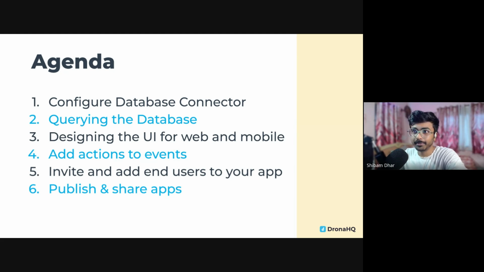And querying the DB, designing the UI, adding actions and events. Yes, we will work on the actions and events, which is quite 50% of this, and we will make sure to make the application available to share with your peers.